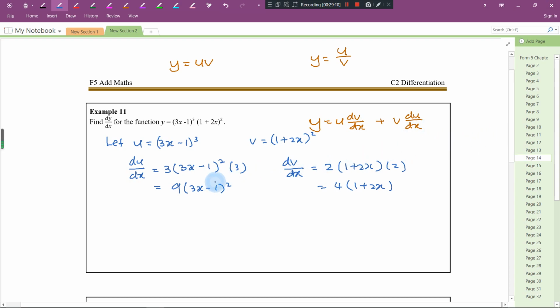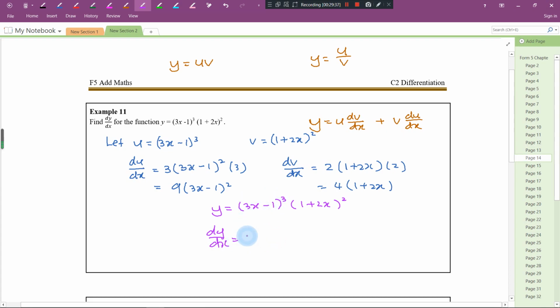But personally, I do not do it this way. I like to do it like this. y equal to (3x minus 1) raised to the power of 3 times (1 plus 2x) power 2. Okay, so I just remember it this way.